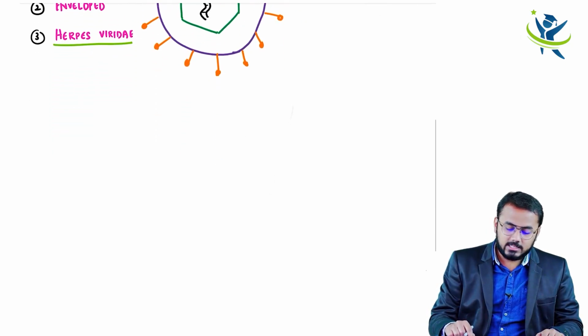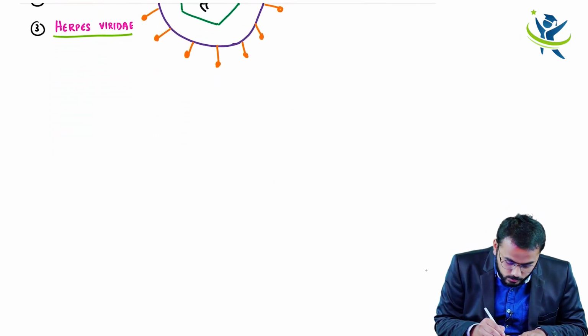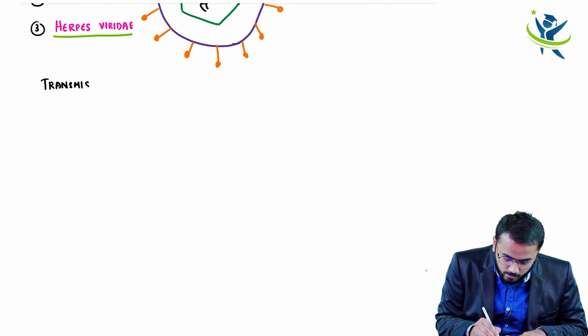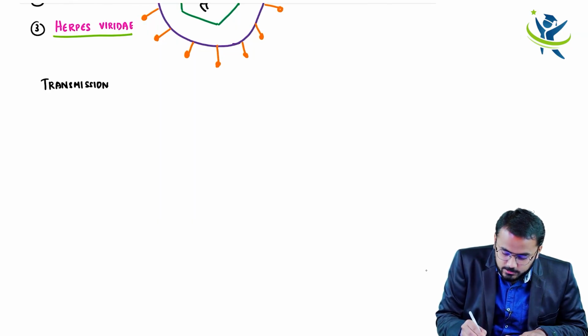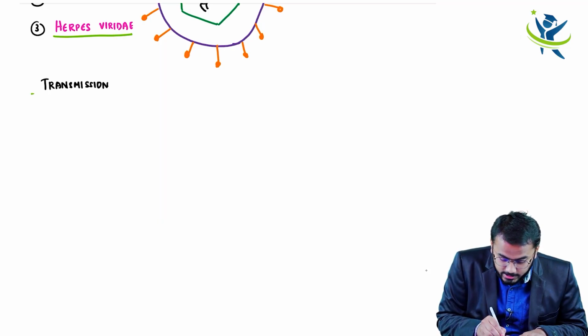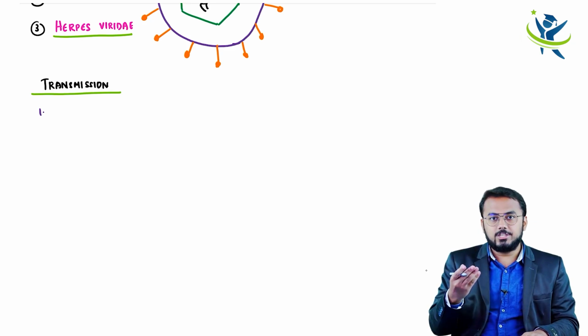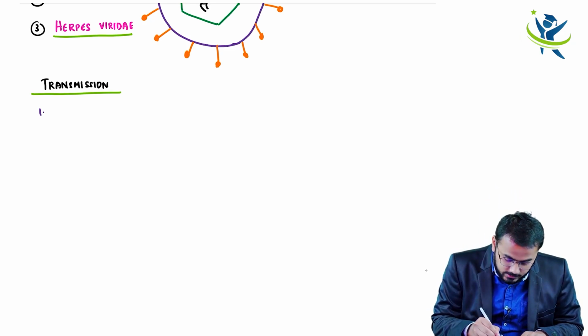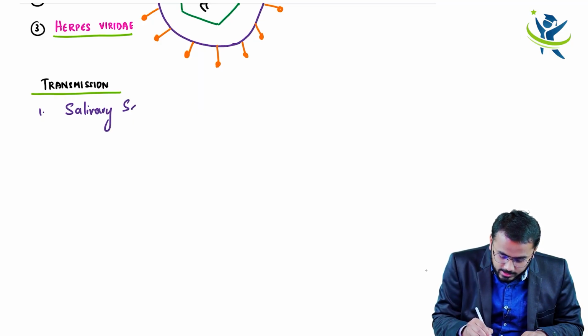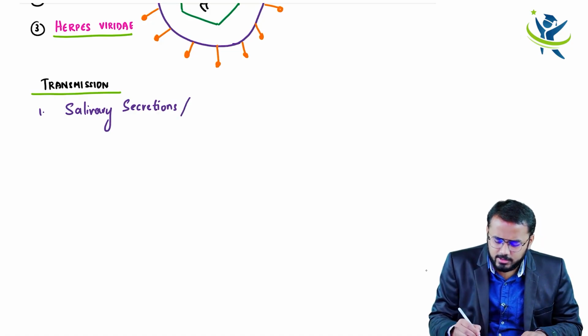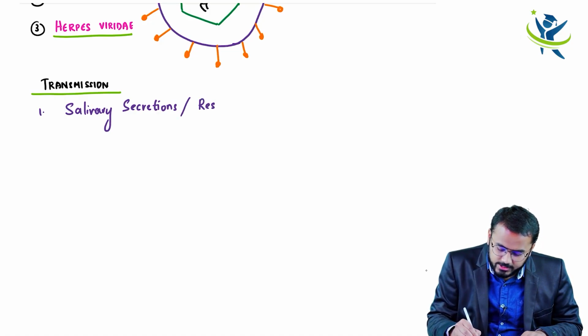How is it basically transmitted? What is the transmission route? Obviously, for most of the viruses the transmission route will be respiratory droplets, right? Even this virus is transmitted through the secretions, I mean the salivary secretions, or any kind of respiratory secretions.